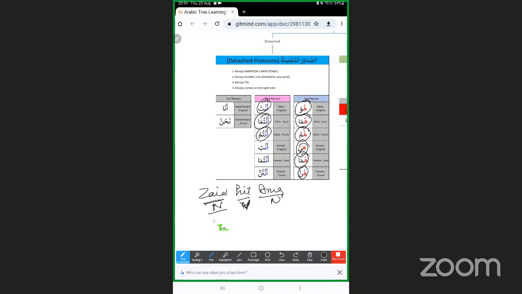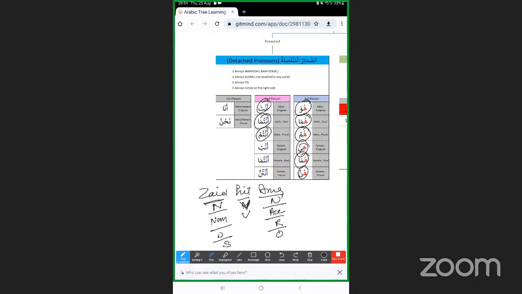This noun is in nominative case, and this noun is in accusative case. This noun is called the doer of the action, this is the receiver of the action. This is called subject, and this is called object. Right or wrong, sister? Any question till here?